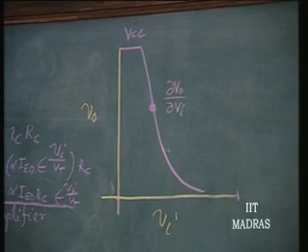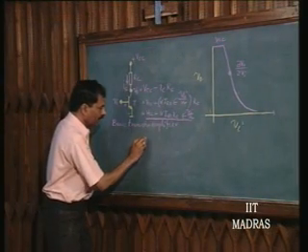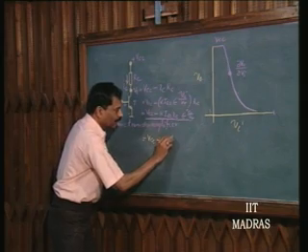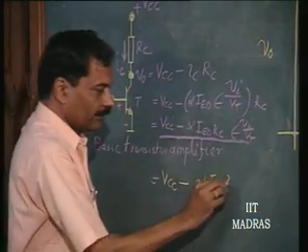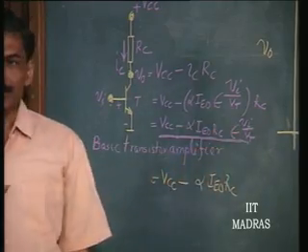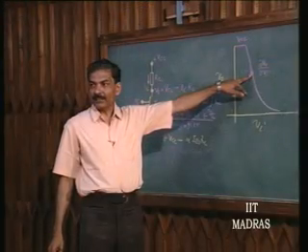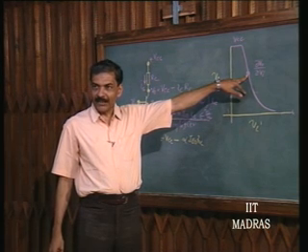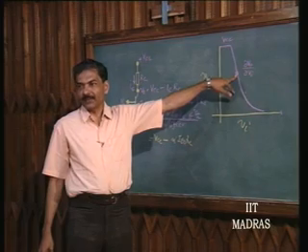So, let us see this. As far as this is concerned, we have this as VCC minus alpha times IE naught, exponent Vi by Vt, times RC. In order to make this get located somewhere here, so that it can act as a good amplifier, I have to apply what is called a bias voltage.